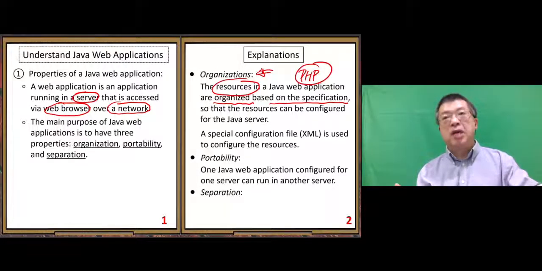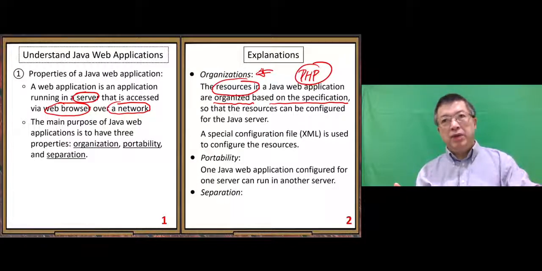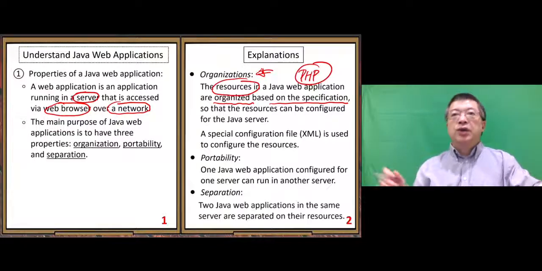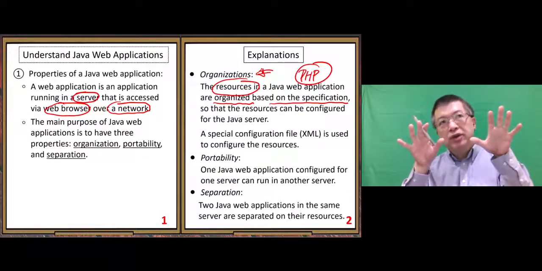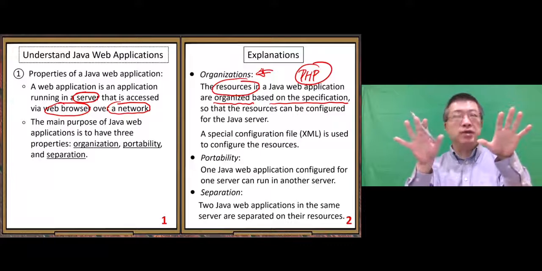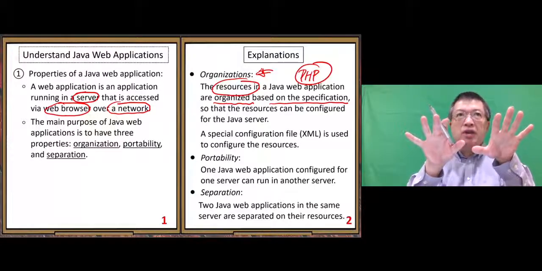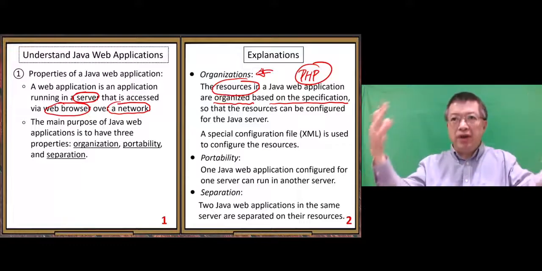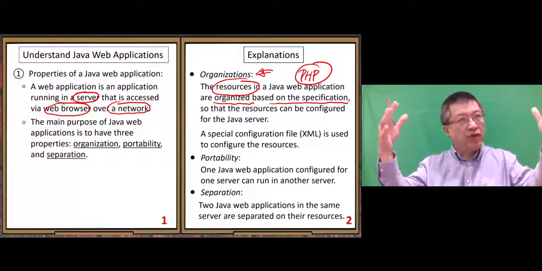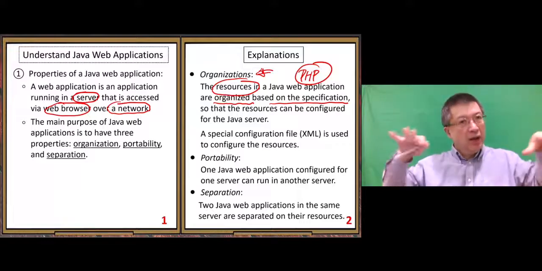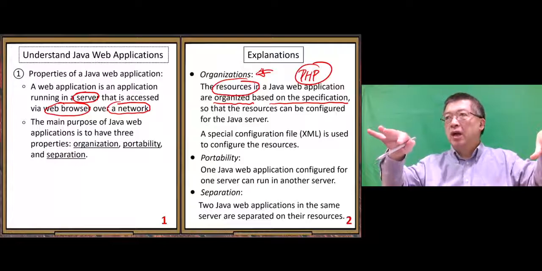Next property, separation. The meaning of this property is that if you deploy two Java web applications in the same server, they are treated as completely separated on their resources. Resources are the files inside those two Java web applications.